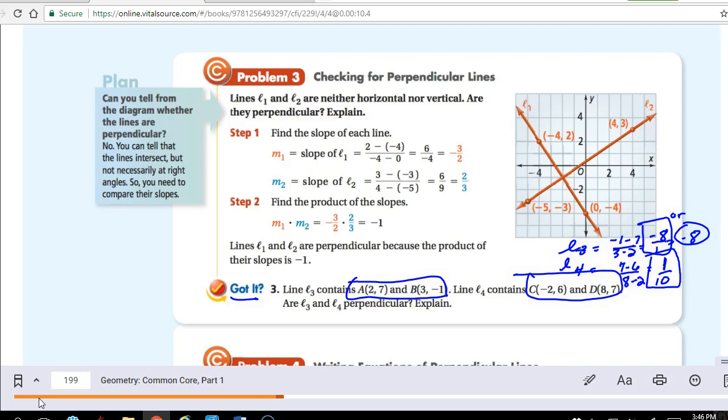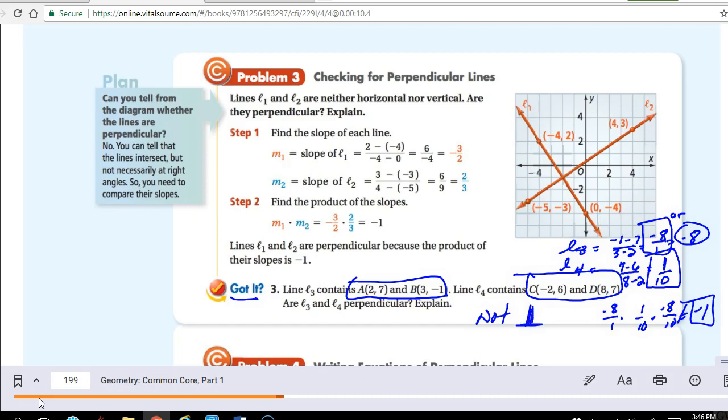Negative 8 over 1 times 1 over 10 gives me negative 8 over 10, which is definitely not negative 1. So that's showing that these two lines for the got it are not perpendicular, and the symbol for perpendicular is an upside down T, so they're not perpendicular.